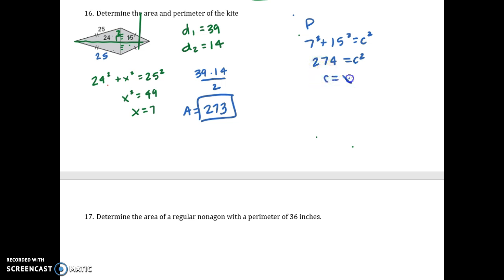So C, the other missing side of the kite, has to be the square root of 274. So your perimeter, you would add up 25 and 25, which is 50. And then you would say the square root of 274 plus the square root of 274. So 2 times the square root of 274.